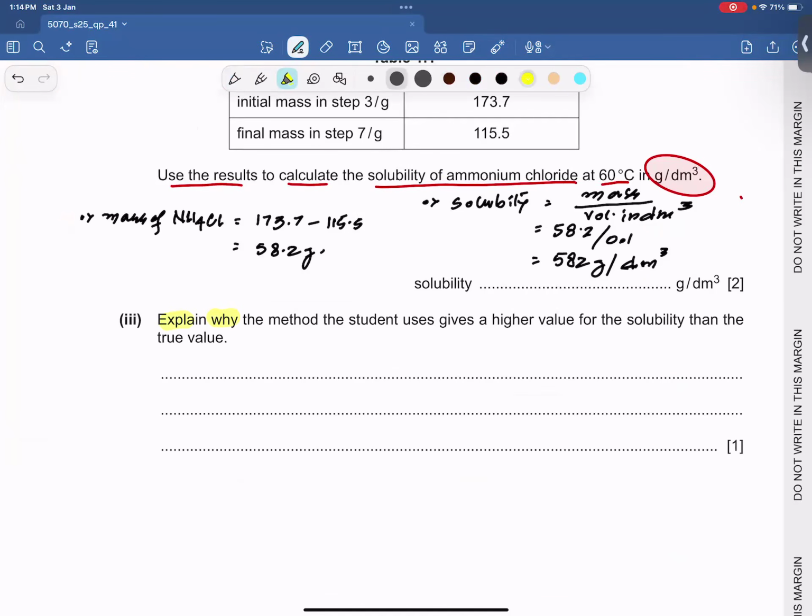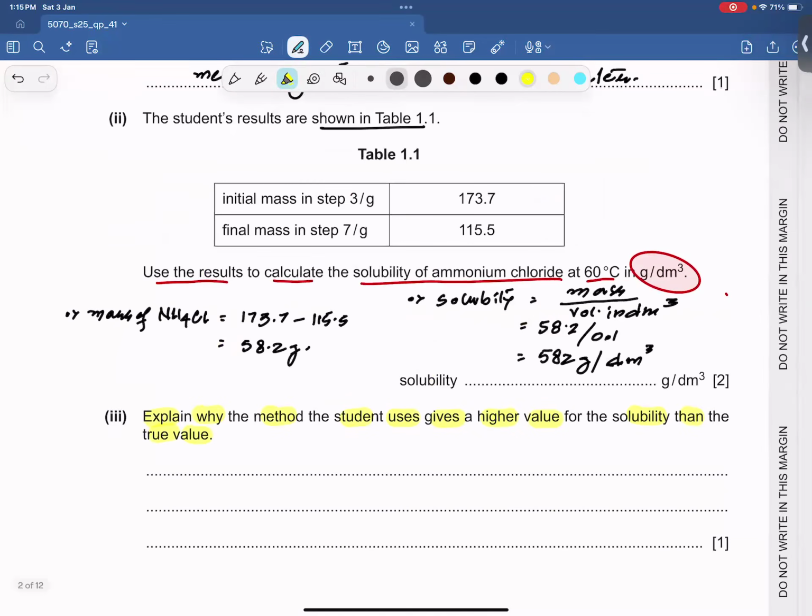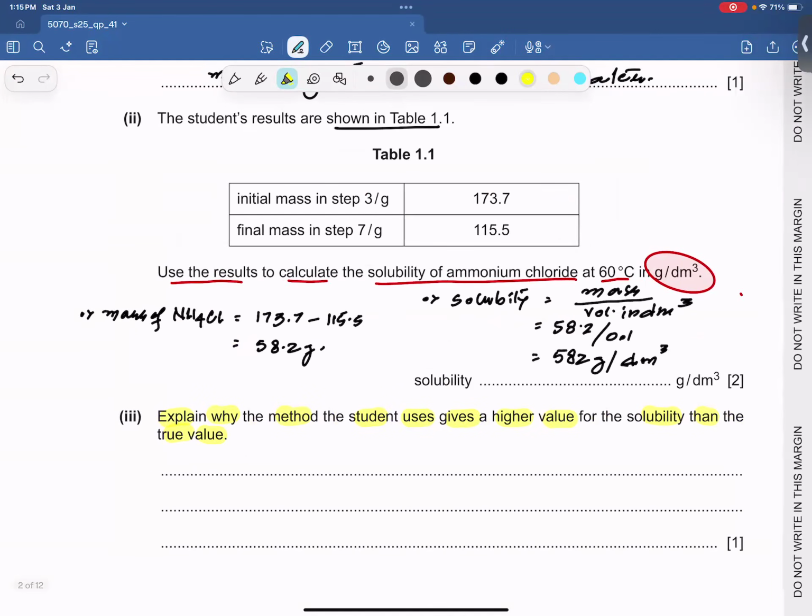Next, explain why the method the student uses gives a higher value of the solubility than the true value. There are multiple reasons for it.